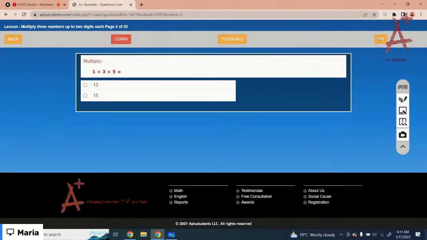Okay, multiply 3 times 1 times 3 times 5. So which is the correct option? It would be 3 times 1 is 3 and 3 times 5 is 15. Got it? The correct option is 15. Just select the correct option and click on the OK button.